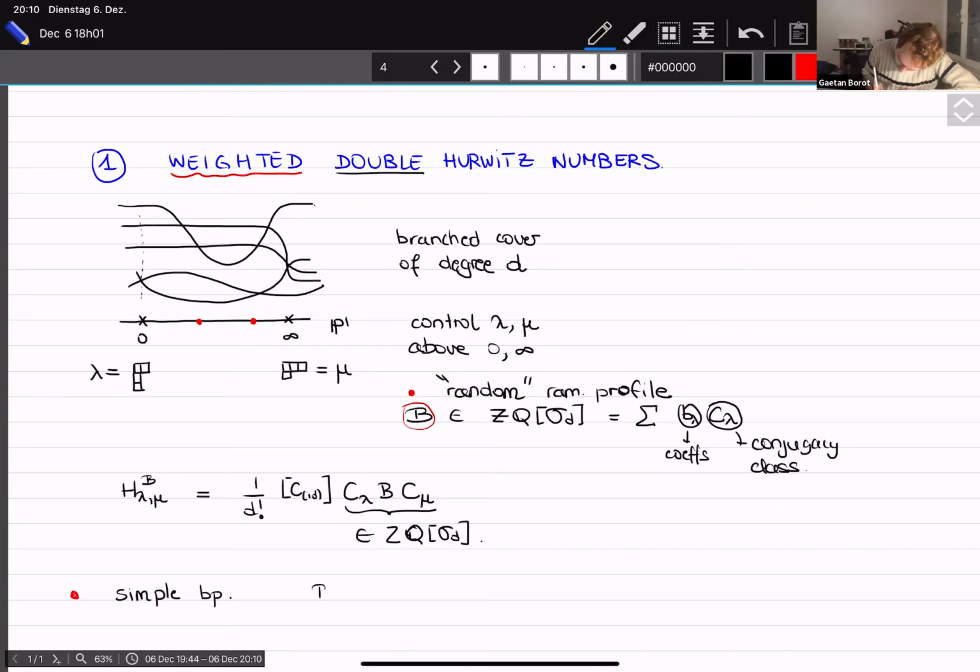That would correspond to taking B to be 1 over k factorial if you have k of them. And then the permutations correspond to the local monodromy, so how the sheets are permuted. If you have simple branch points, you should have transpositions. And so the contribution of all these points here, these red points, is going to be a product of transpositions.